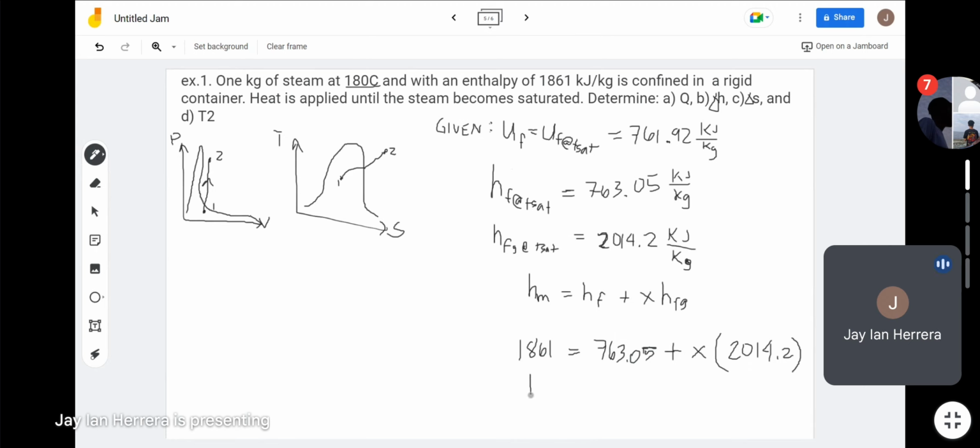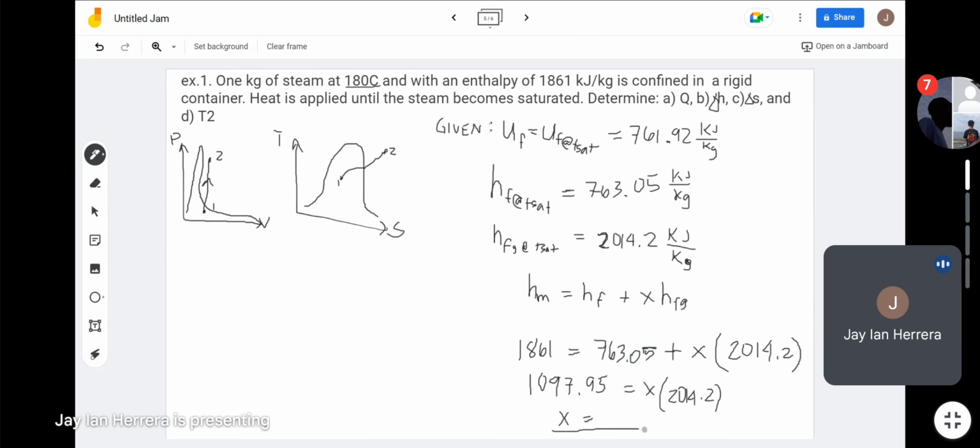Mentally, that is 1097.95, which is equivalent to X times 2014.2. We solve X by dividing 1097.95 over 2014.2.